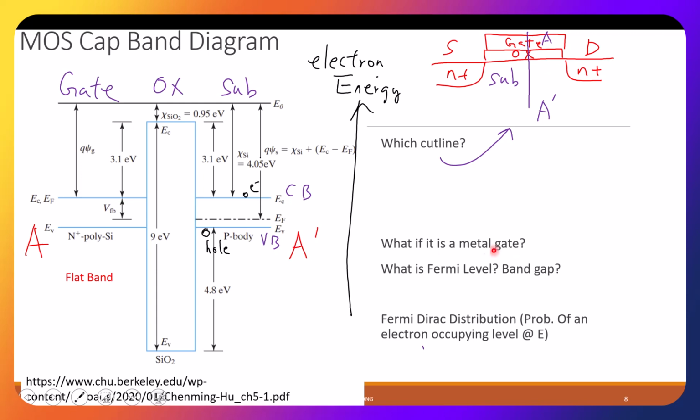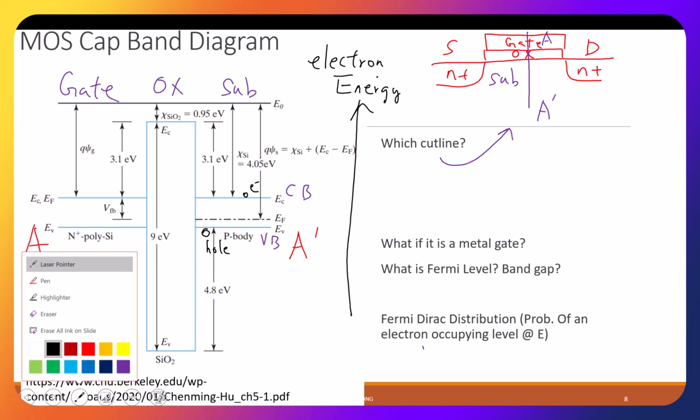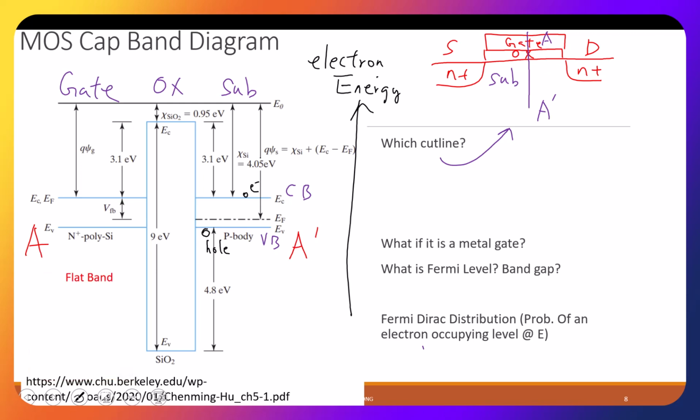What if this is a metal gate? This is polysilicon, that's why I still have E, EV and EC, right? So what if it is a metal gate? Then you just replace it by a Fermi level. So this is still a substrate.